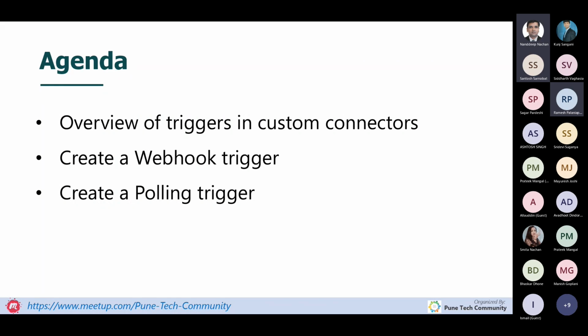Power Automate and Logic Apps define a trigger as an event that starts a cloud flow or a Logic Apps flow. These events can be initiated by a user, or scheduled, or generated by a connector, including a custom built trigger as we will see.